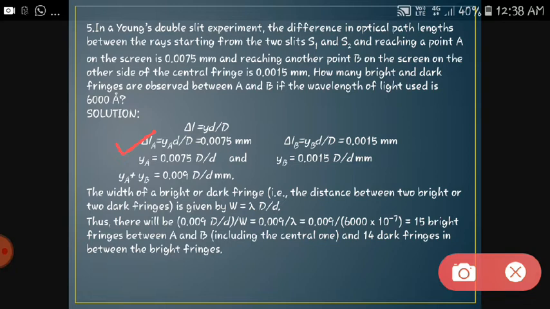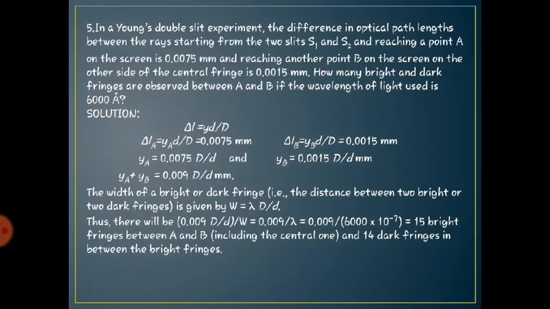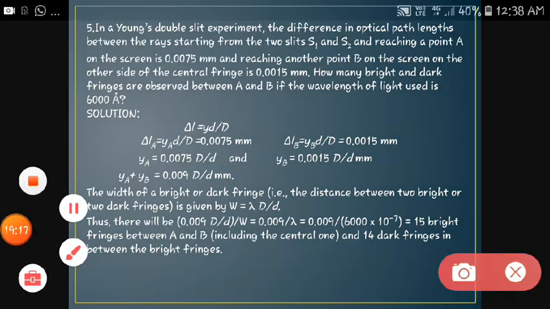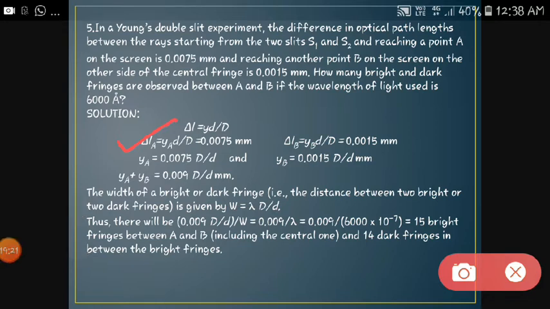Okay, so first it is given for A, it is 0.0075 millimeter, and for B it is 0.00515 millimeter. So by shuffling this given formula, I got the value for y_A, which is 0.0075 D divided by small d, and even y_B I got.